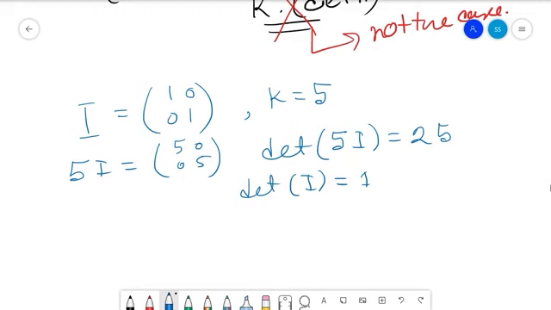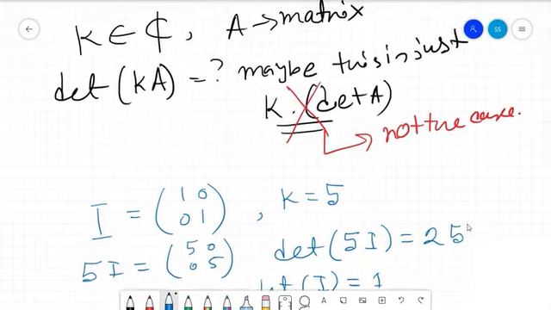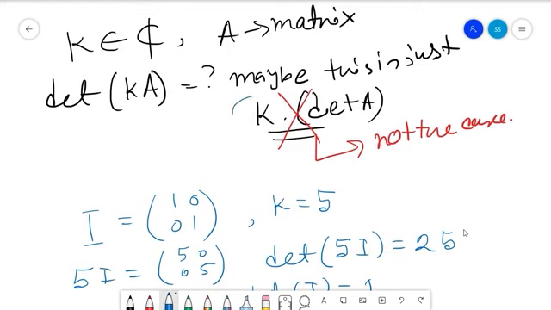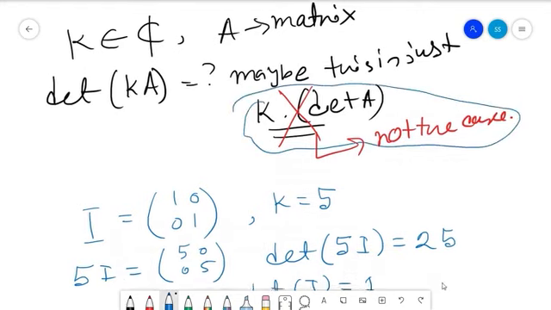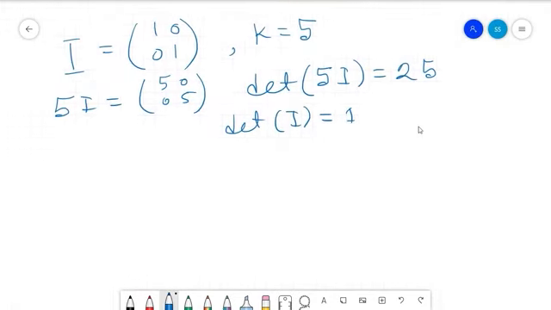And if this over here were true, that is K times determinant of A, we would have written 5 dot determinant of I, right? But as you can see, these two are not the same. So please be careful about it.